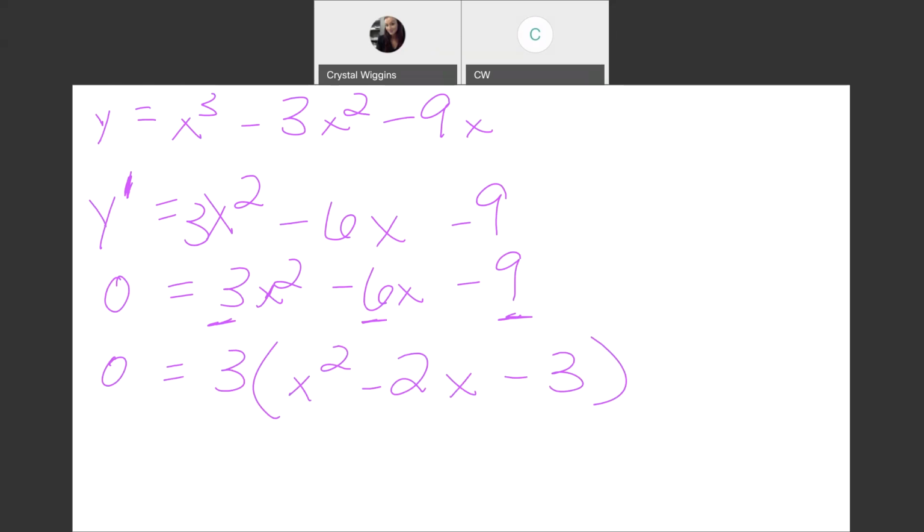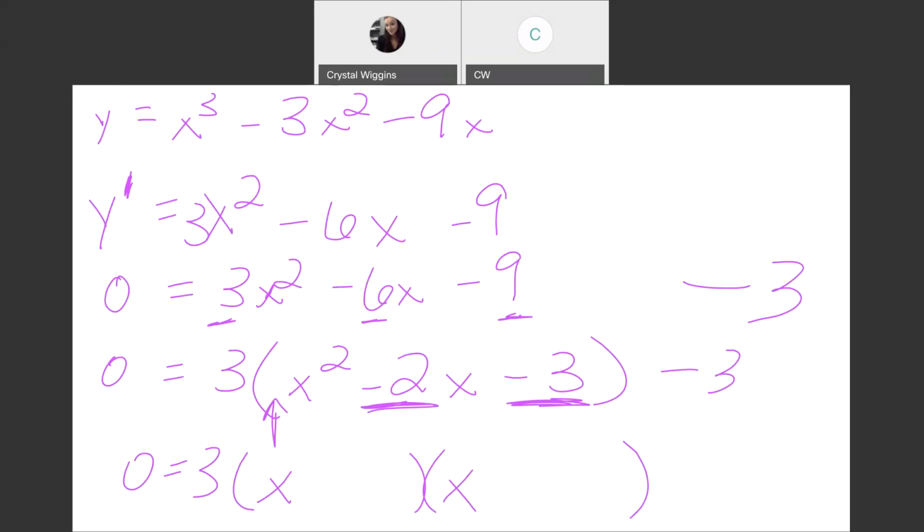Now this is an easier polynomial to factor because there's a positive 1 as the coefficient of x squared, and the 3 would still be out in front. We just ask ourselves what two numbers multiply to negative 3 and add to negative 2.